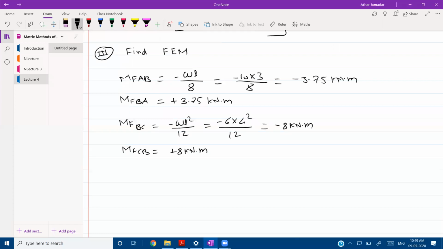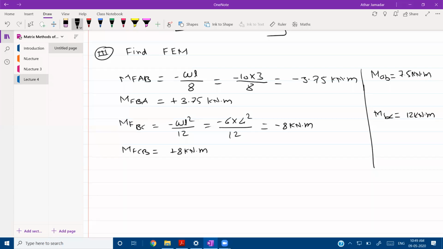And similarly here also we will find out span moment, because that will help when drawing BMD. So MAB will be WL by 4, so 7.5, and MBC will be WL square by 8, which will be equal to 12 kilonewton meter.